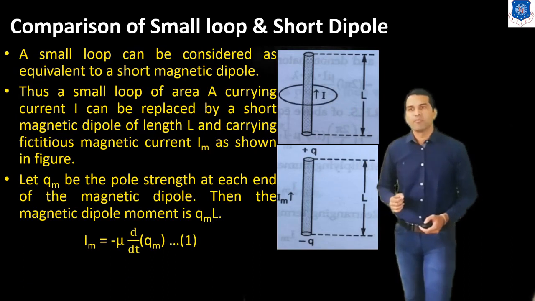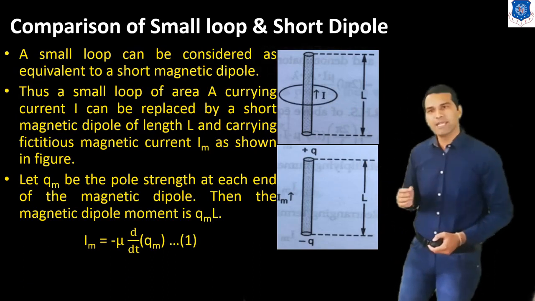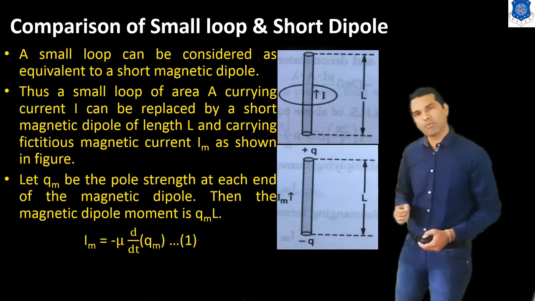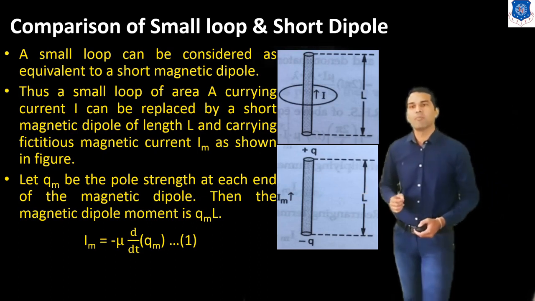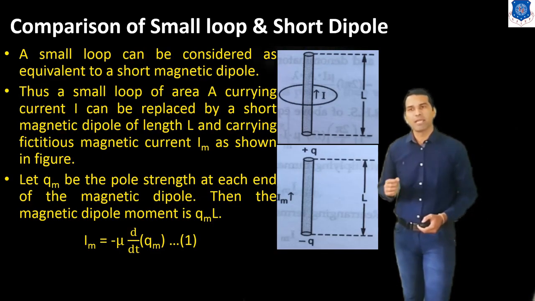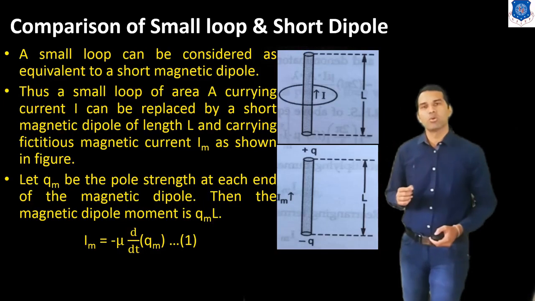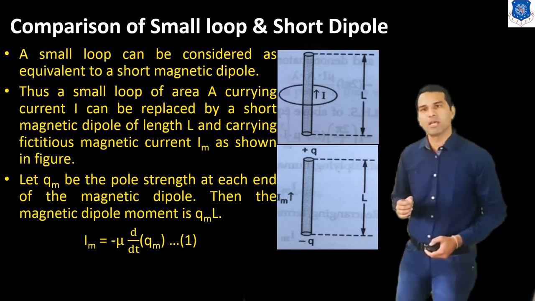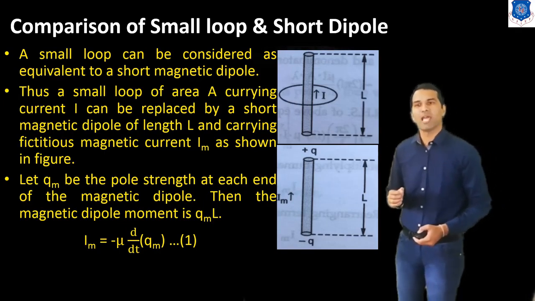Let Qm be the pole strength at each end of the magnetic dipole. Then the magnetic dipole moment is Qm into L, that is, the multiplication of Qm into length L.